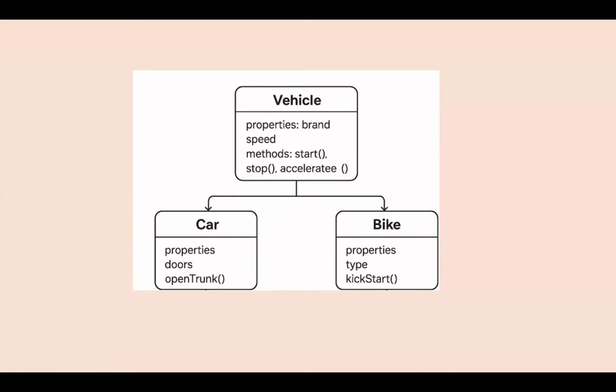Irrespective of what your subtypes are, whether it's a car, bike, or whatever, you have a brand and a speed. They also have methods: start, stop, accelerate. Irrespective of the subtype, these three methods are common.